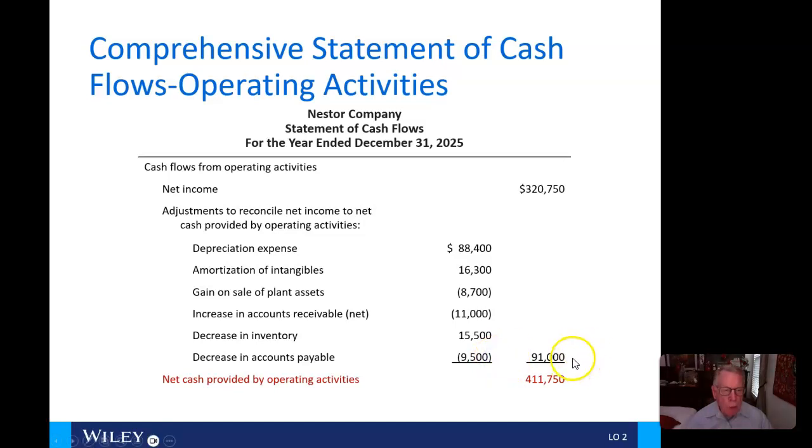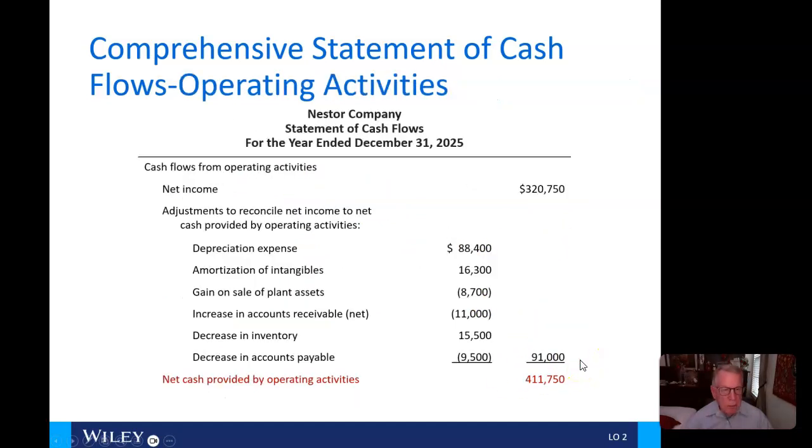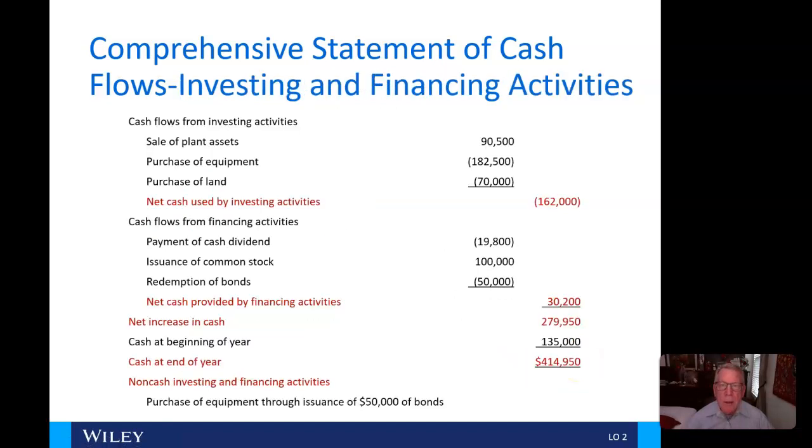So the sum of all those items is 91,000, and we add that to the beginning balance of net income to arrive at $411,750. Okay, so how would we do this here? Here's our cash flow statement, and we had investing activities.